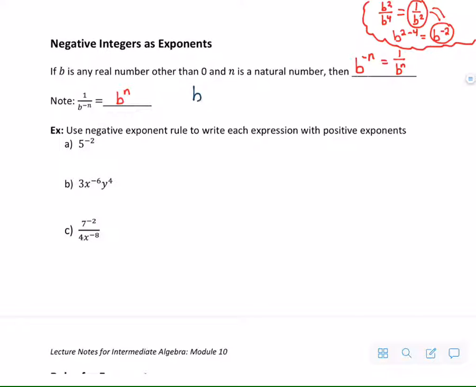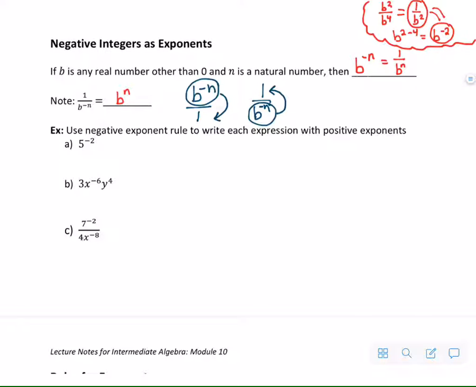When I see a b to the minus n, I write it over 1 and I move it to the other end of the fraction. If I see a 1 over b to the minus n on the bottom, I circle it and move it to the other end of the fraction and make it positive. Negative exponents move from the numerator to the denominator or from the denominator to the numerator and become positive.